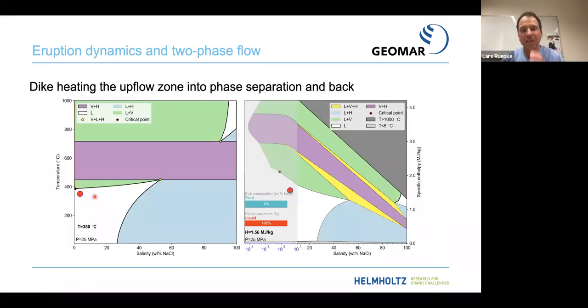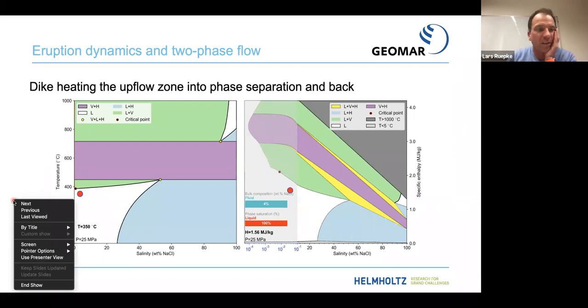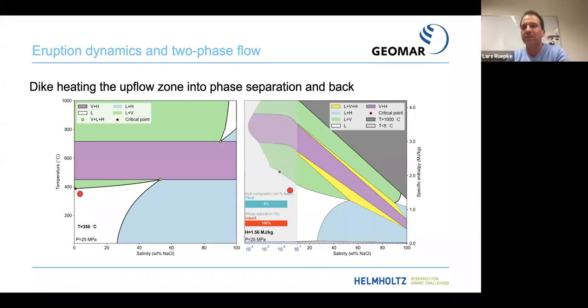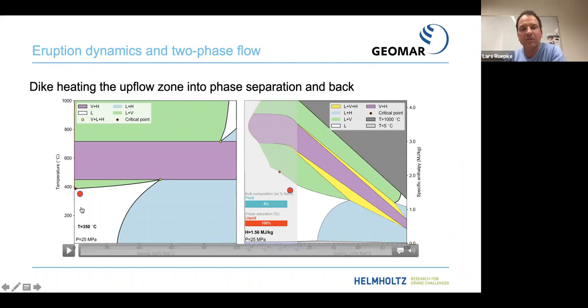And for that, let's look again at one of these movies. Let's see if I can operate this. So I think we are somewhere there. We have a background flow field where the fluid is circulating in some kind of single phase domain. Vent fluids would have seawater salinity, maybe 350 degrees venting, and we sit here at seawater salinity.